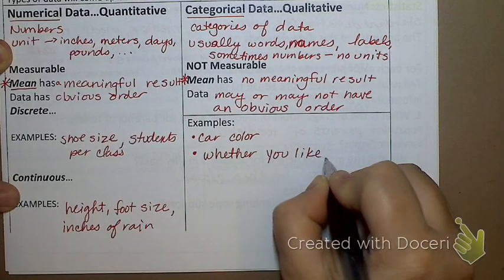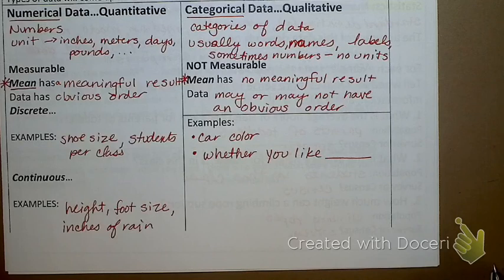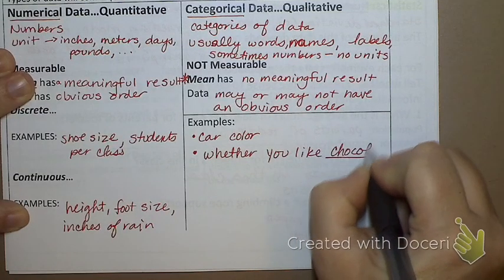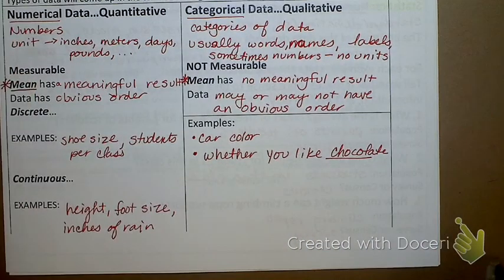And really, it could say whether you like anything. You could fill in the blank with any of those, and it's most likely going to be categorical. Whether you like being outside or inside, whether you like the mountains versus the beach, whether you like chocolate or vanilla. Okay? Those are all categorical or qualitative.